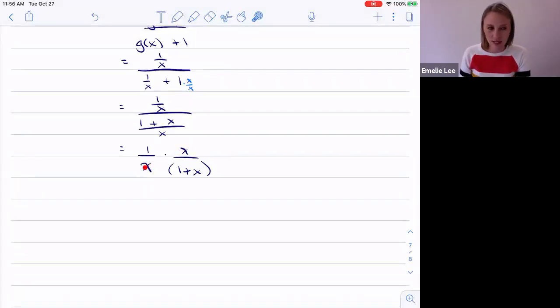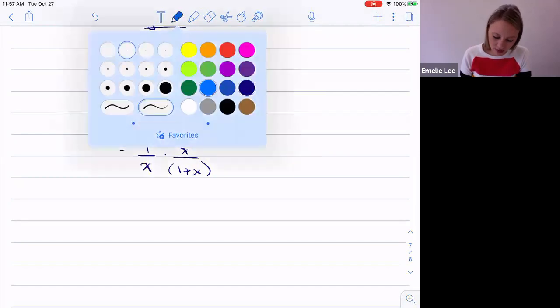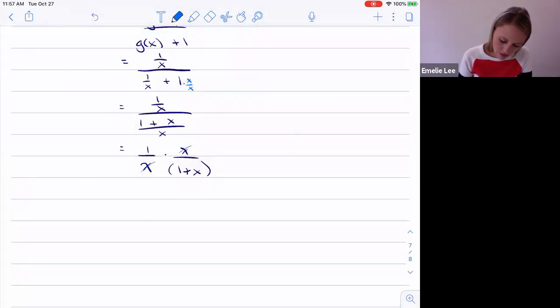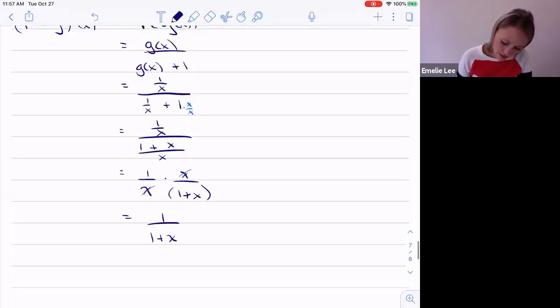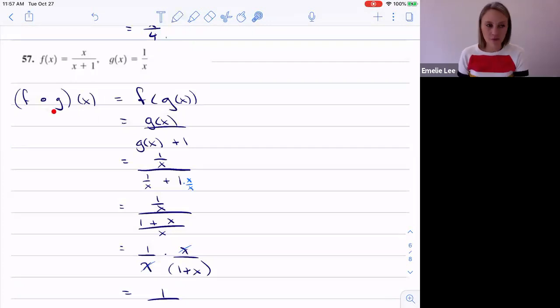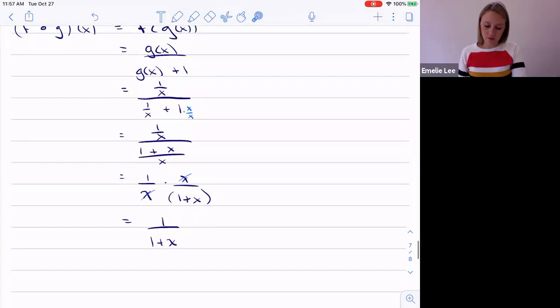What's nice is this x over x is going to cancel out. So finally, I just have 1 over 1 plus x is my f composed with g of x. Okay.